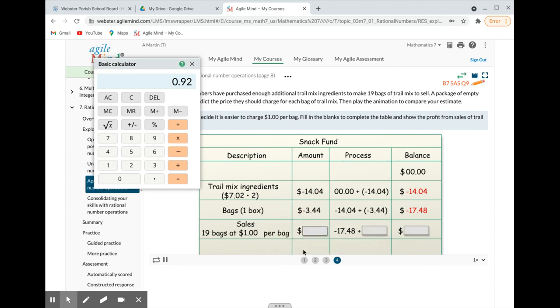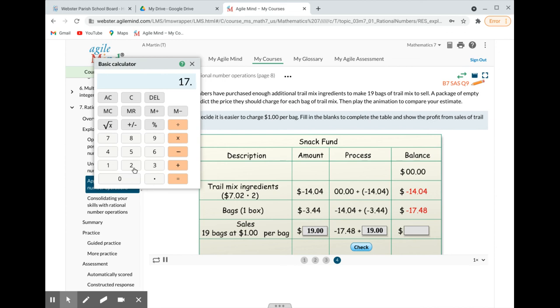But look at that. They decided to sell it for $1 per bag, right? So 1 times 19 is what? 19. Good. And negative $17.48 plus 19 would give us what? You said minus?